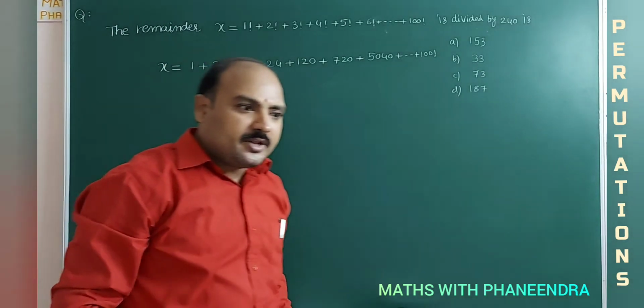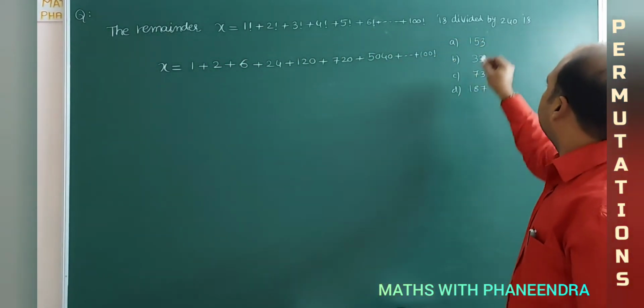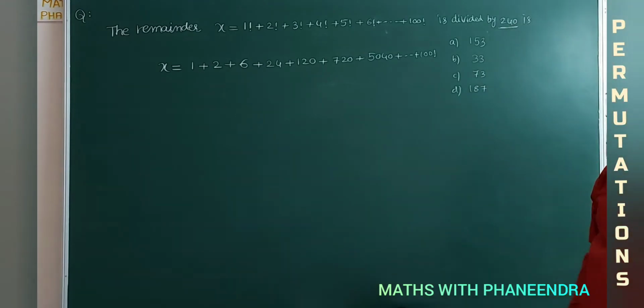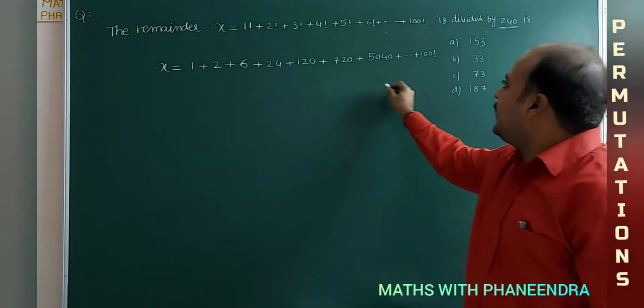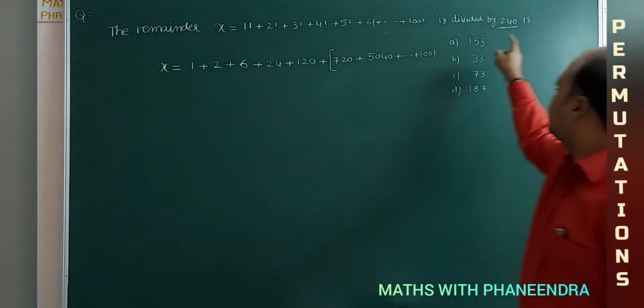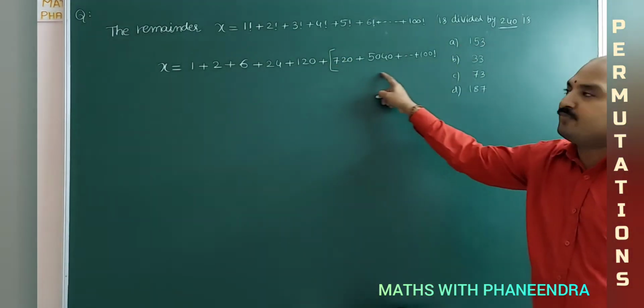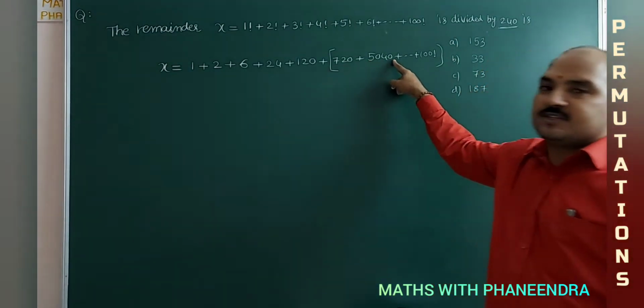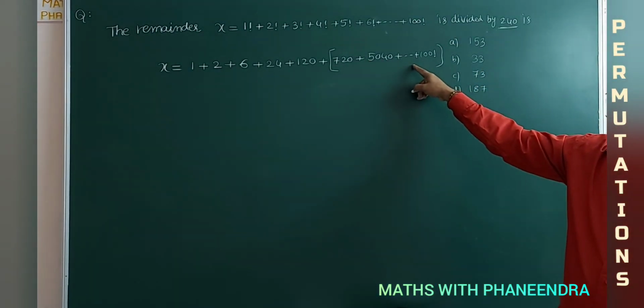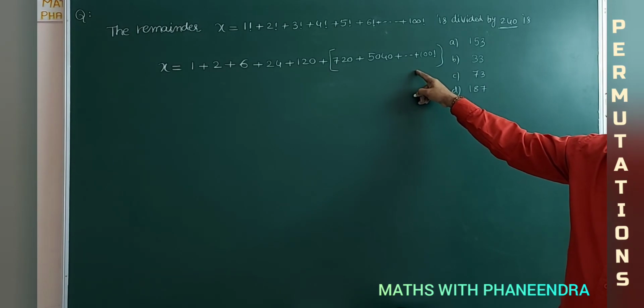If you observe, students, dividing by 240, more than 240 will be from here, no? All of these end with 0, here also the unit place is 0, even 10 factorial also, as I said, the last 2 digits will be zeros.